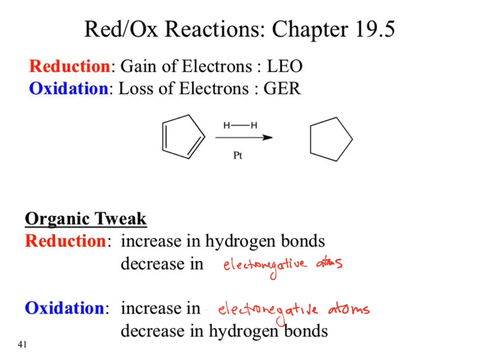The carbon in my product is sp3. And based on what we remember talking about multiple times now throughout the semester, what happens to our electronegativity as we increase hybridization? It decreases. So as we go from sp2 to sp3, we've increased the hybridization, we've decreased the electronegativity, we've done a reduction here.